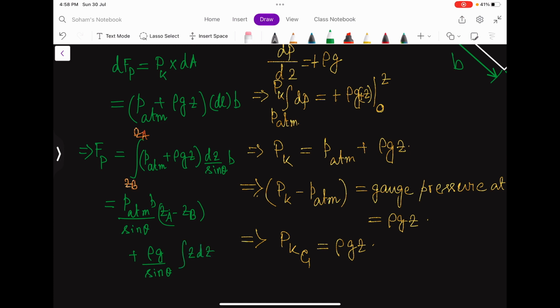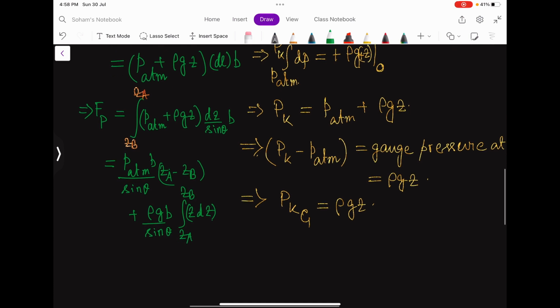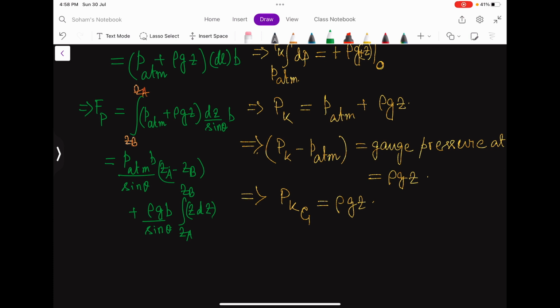I will show why I have put it in the integral form, from za to zb. So we have calculated the pressure force P on the plate. Now just very carefully look at these two terms.